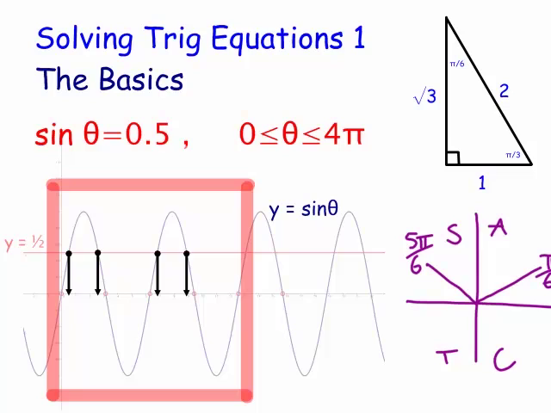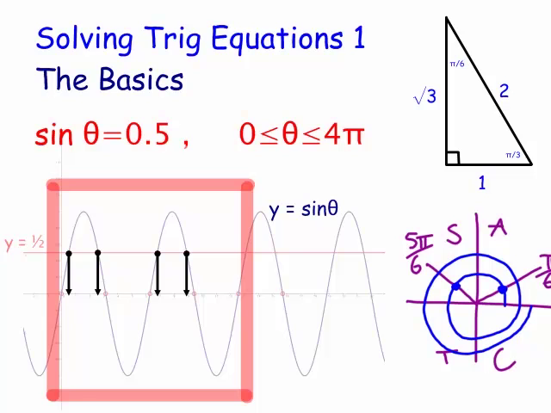Sine's positive in the first and second quadrant. So what we normally would do is start, say, with another colour pen. We start at 0, go around once, and go around twice. You can see here the answers are obviously this one and this one, pi on 6 and 5 pi on 6.